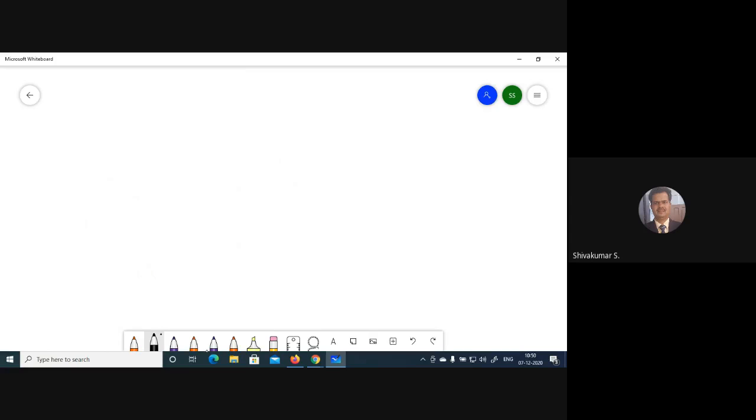Same problem: draw the network, determine the critical path.